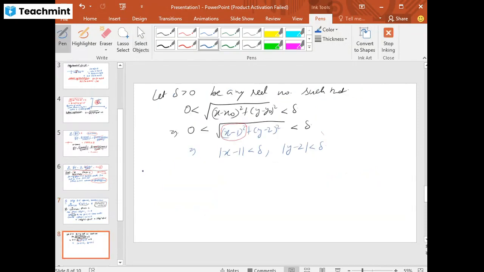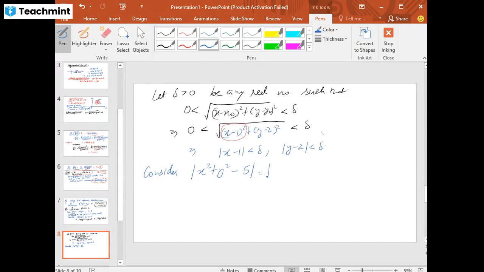So we consider |x square plus y square minus 5|. Because we are given the condition in terms of x minus 1 and y minus 2, and I want to express this expression in terms of delta, firstly I need to convert this expression in terms of x minus 1 and y minus 2.